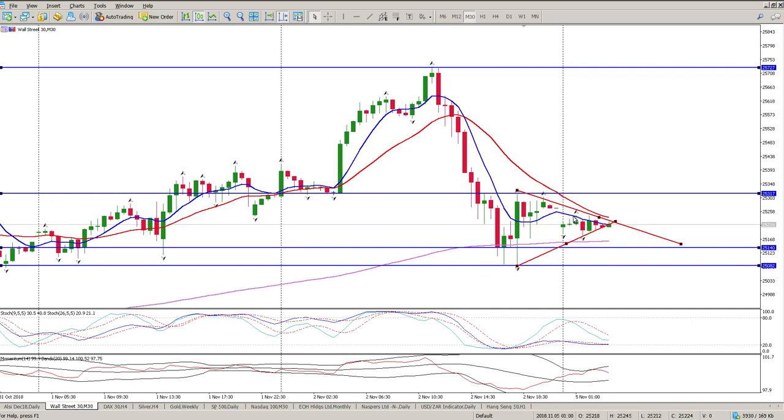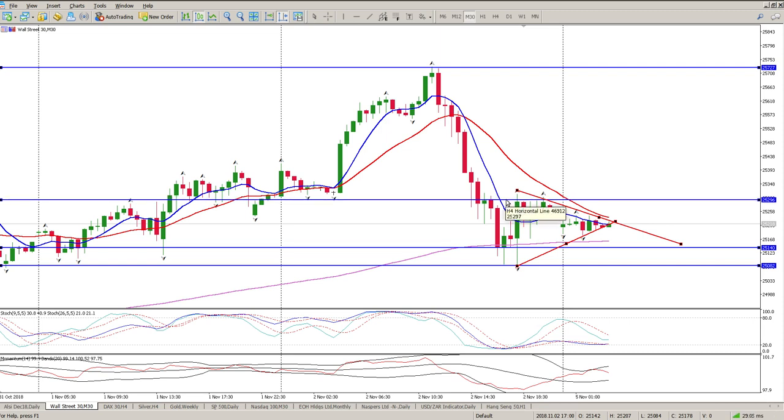I'm not really looking at this fractal at the moment because we do have a gap here. If we do run up, I expect us to close the gap, and if we do close the gap, then we're going to pick up a level somewhere around 25,300.